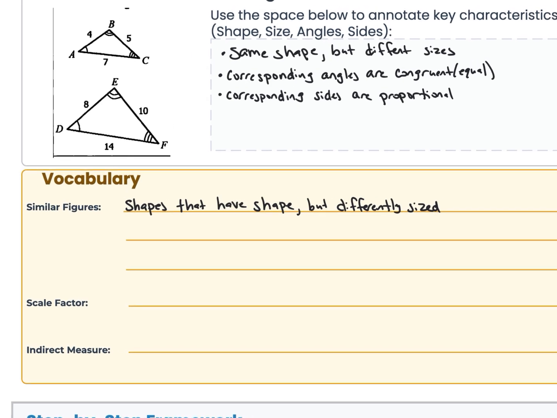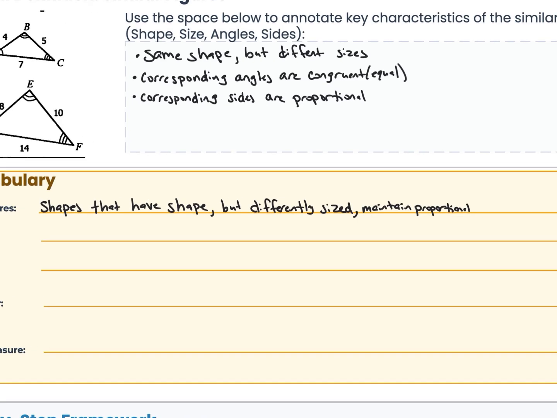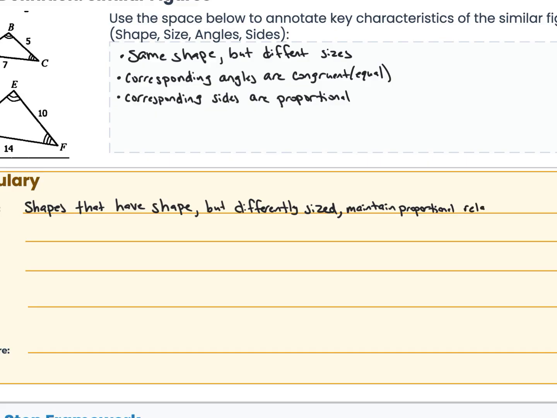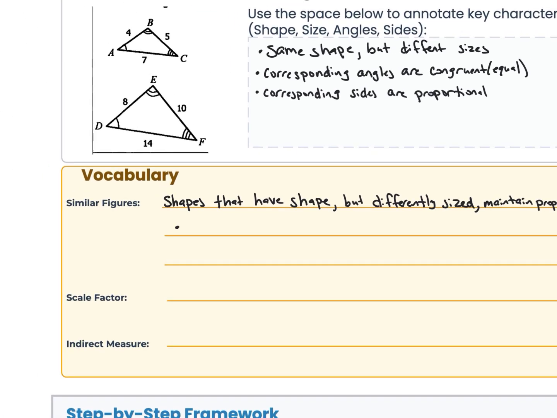They maintain proportional relationships for their sides. And it's often achieved by enlarging or shrinking the item.